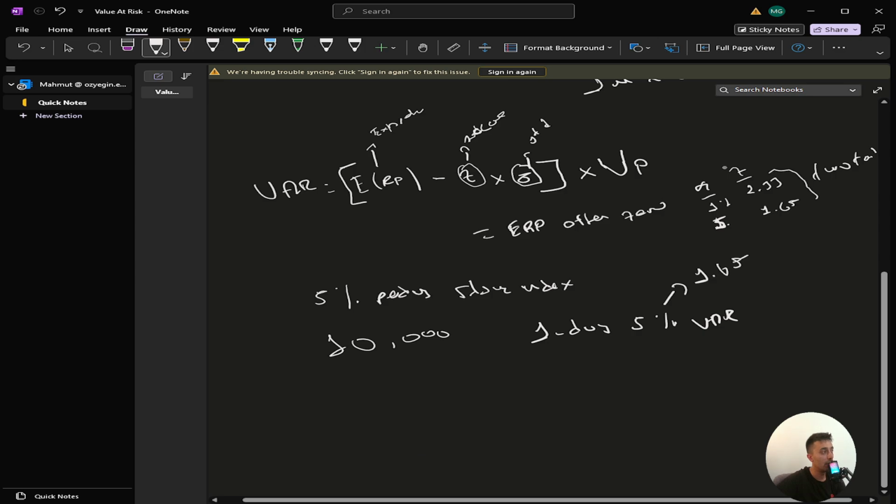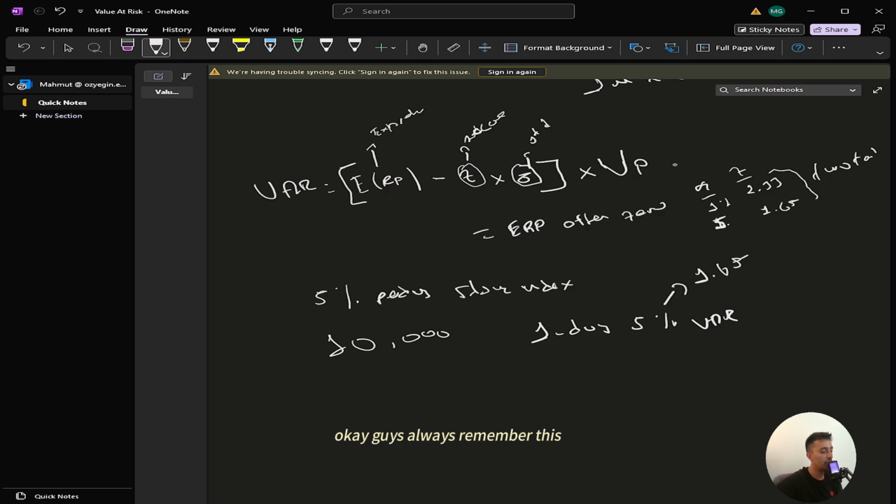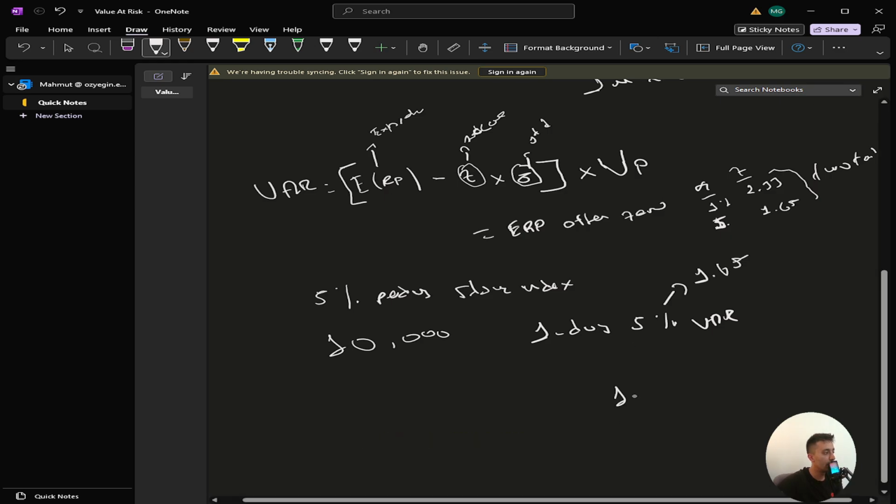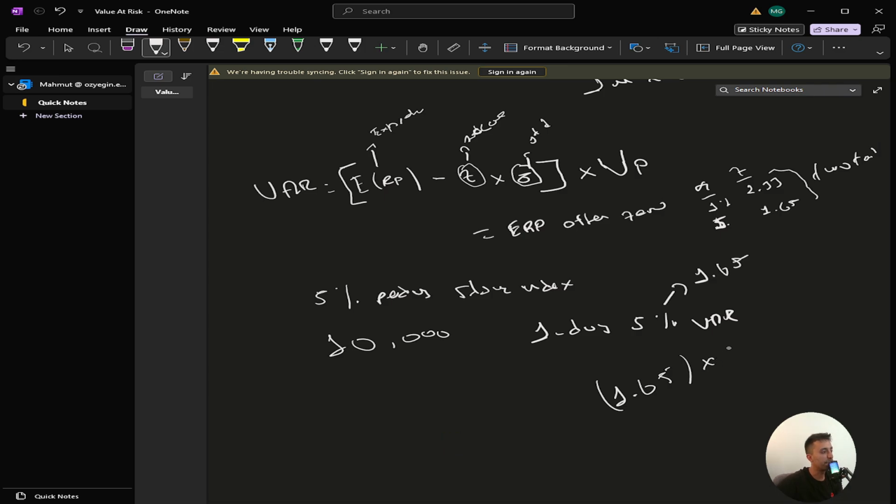Now one-tailed, or one segment, one-tailed. Okay, guys, always remember this. We are using here 5% value at risk. So we need the formula here: 1.65 confidence factor times 5% times our investment, guys.